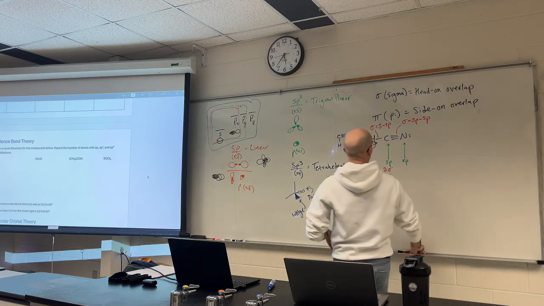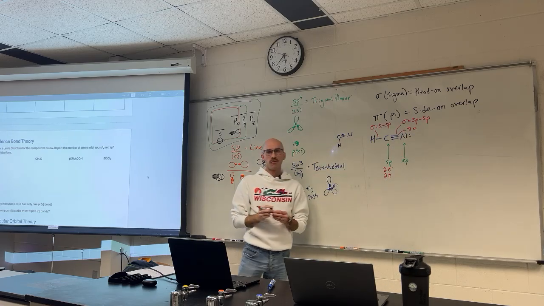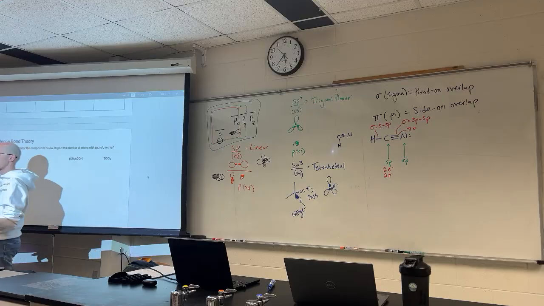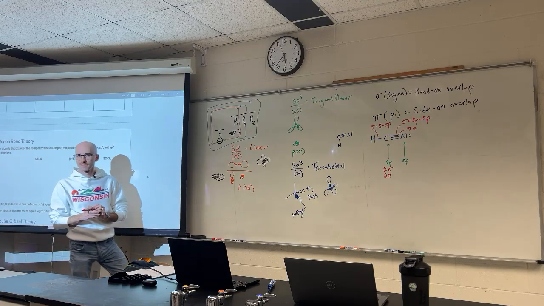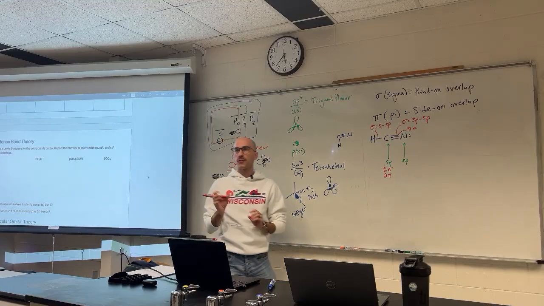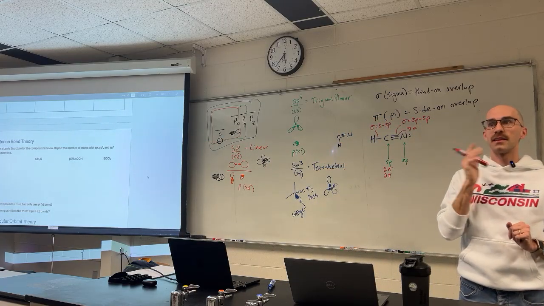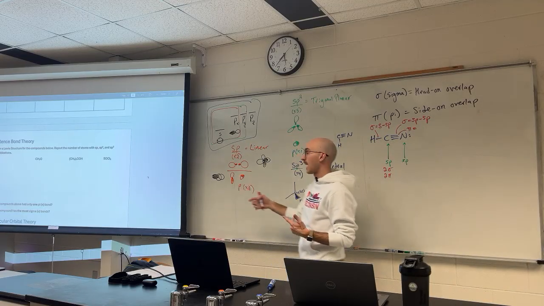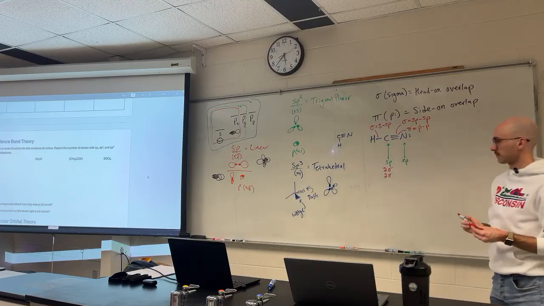Where do the pi bonds come from between C and N? The overlap of what orbitals? If it feels easy, then you should say it. P and P. The p orbital on carbon that has not been hybridized, and the p orbital on nitrogen that has not been hybridized.